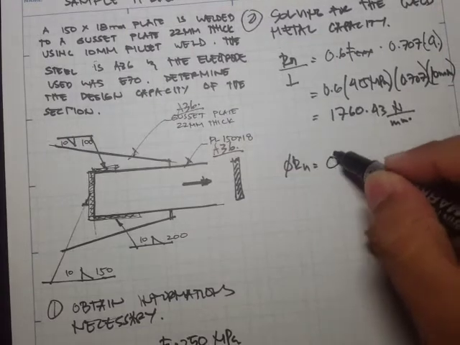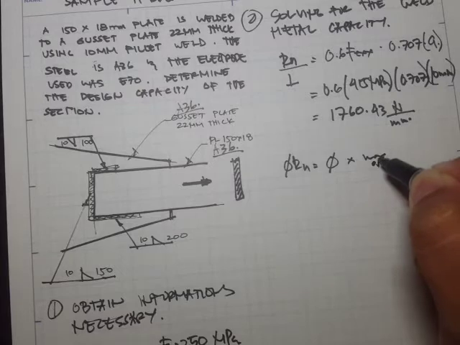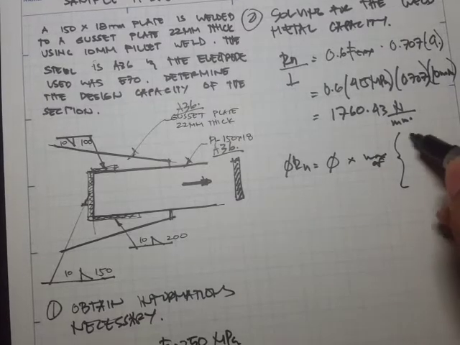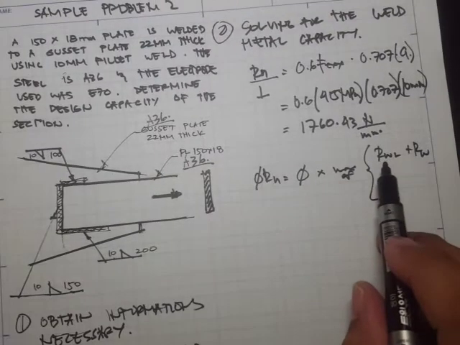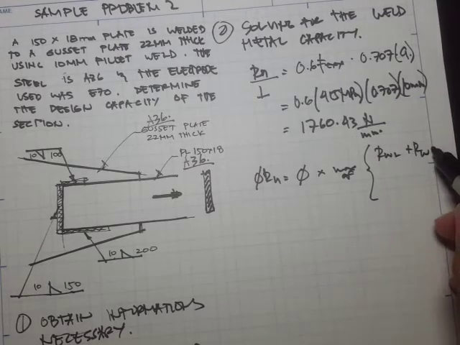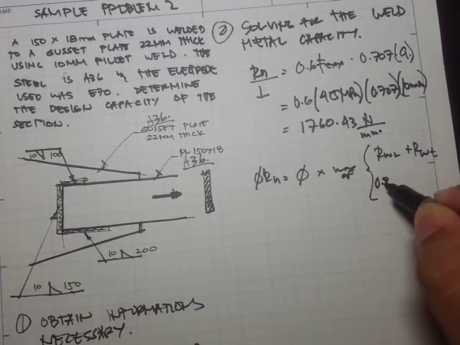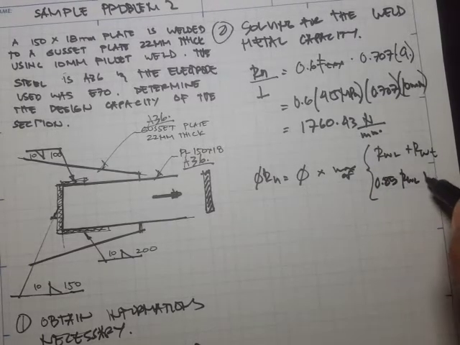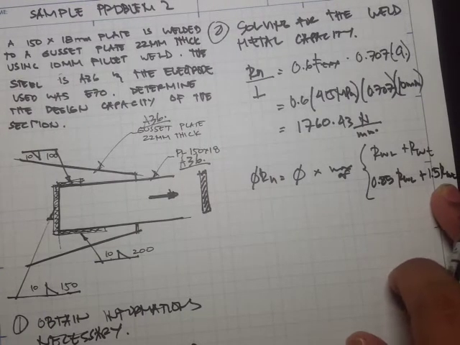So that's theta, the reduction factor, times the max of either this one plus this one, where this is the capacity of the longitudinal weld and this is the capacity of the transverse weld, or 0.85 times the longitudinal weld plus 1.5 times the transverse weld.